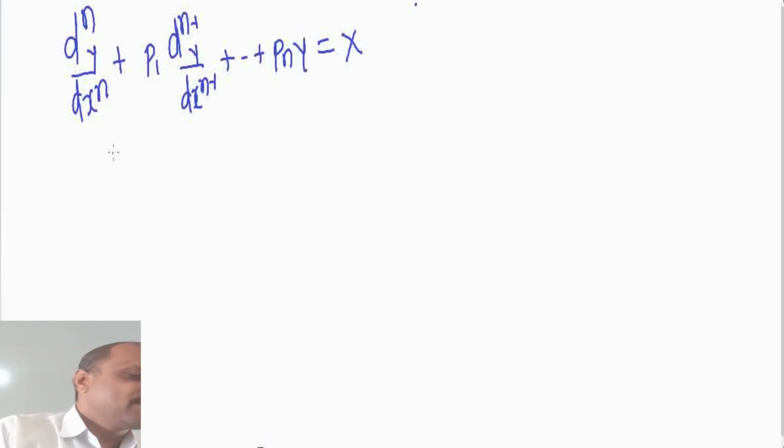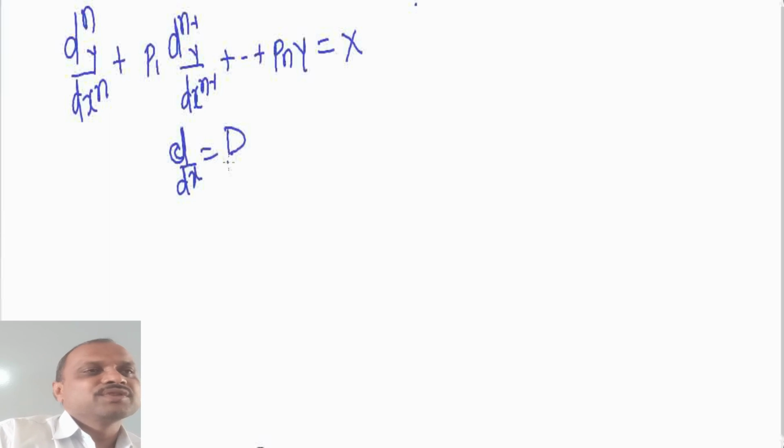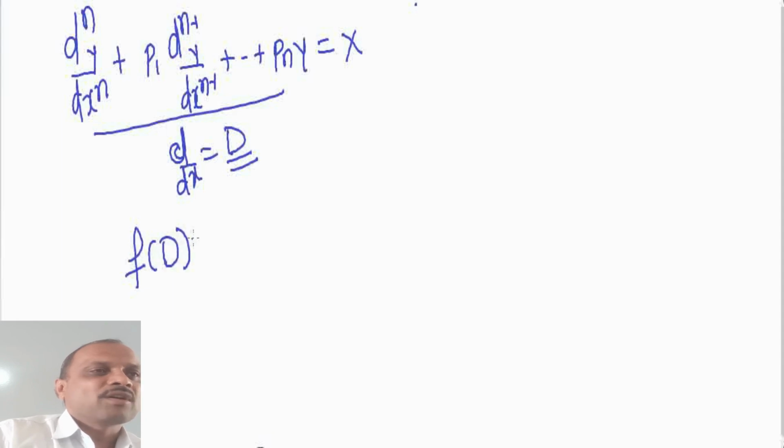Or in terms of operator, just as we have seen if m1, m2, ... mn are roots, using the symbol d by dx for this differential coefficient, if we use it as D, then this whole equation we can write in short as f of D operating on y equal to x.